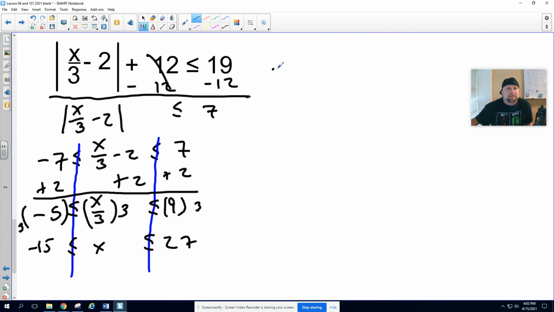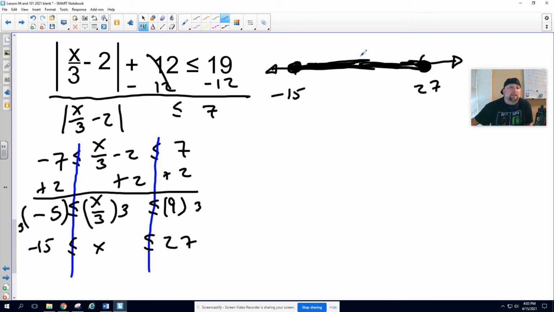So when we graph this, negative 15 and 27, both are closed circles. And it's an and statement, so we are in between. And luckily, again, we get to check 0. So can x equal 0? Well, that is true.